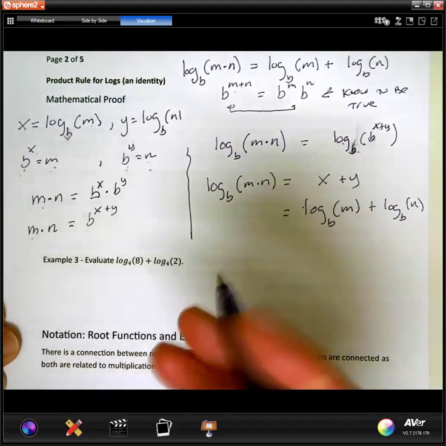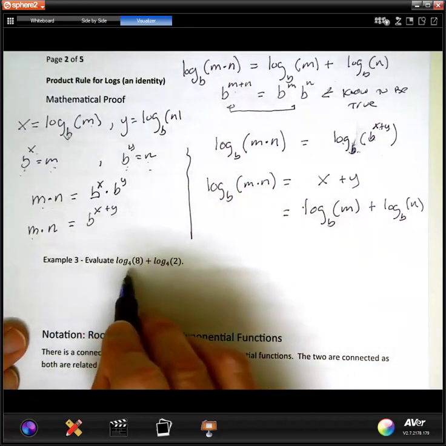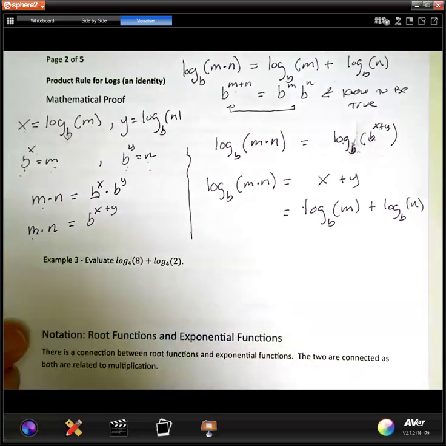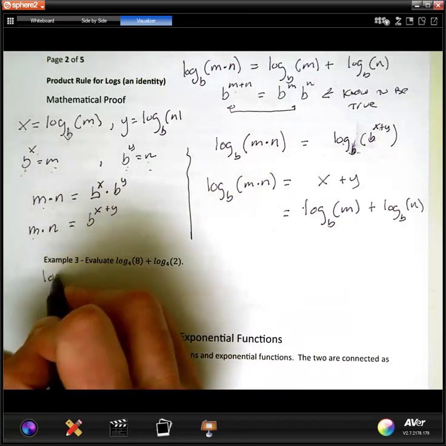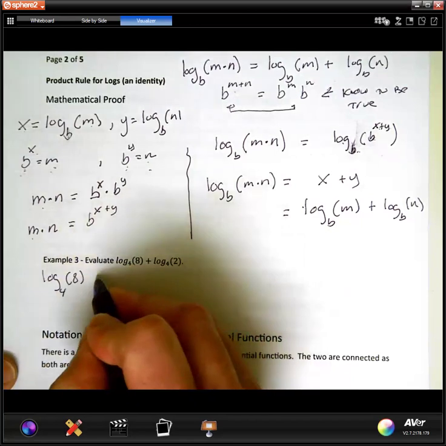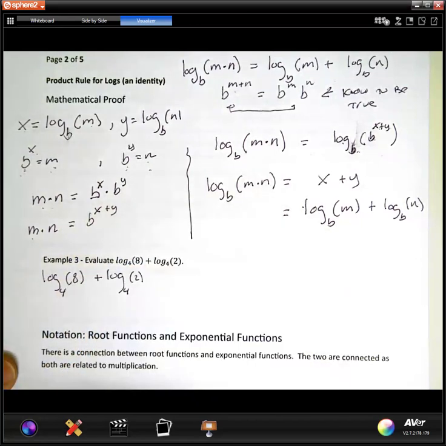Let's just do one simple one. Suppose I want to evaluate log base 4 of 8 plus log base 4 of 2, and again, I don't want to use a calculator. So I'm going to write this down. What do I recognize?